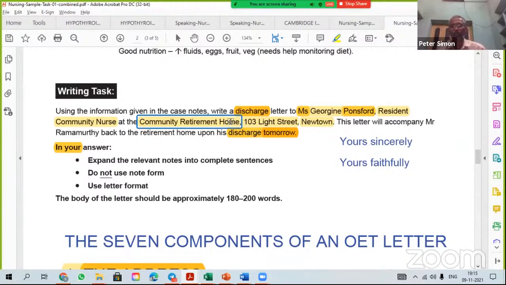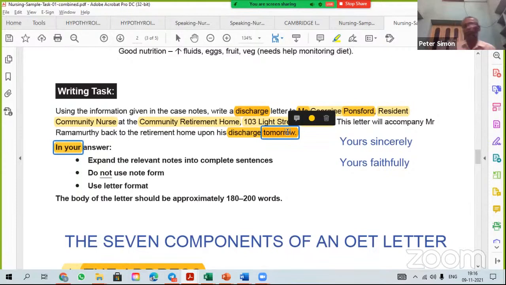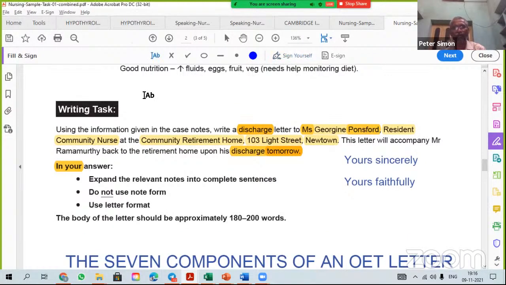So discharged back into your facility tomorrow. So try to understand this. These things will go into the body paragraphs. So what will go into the body paragraph? Let us see here what will go into the body paragraph.